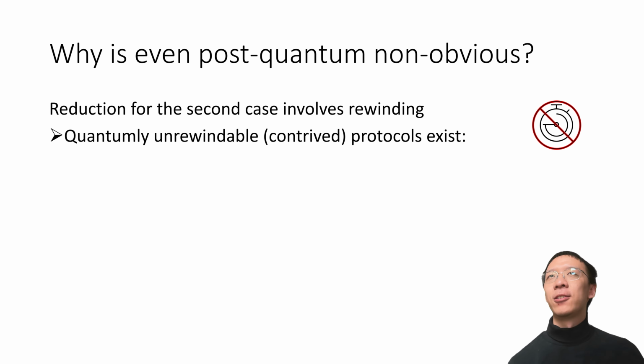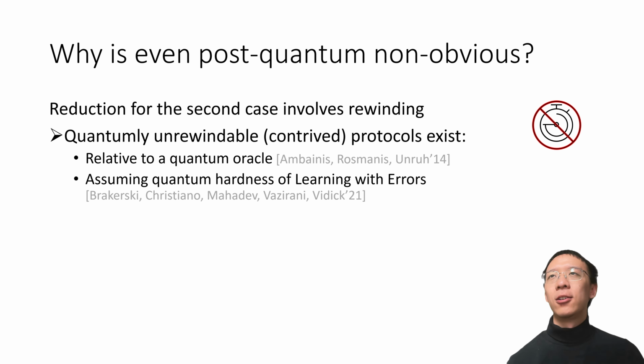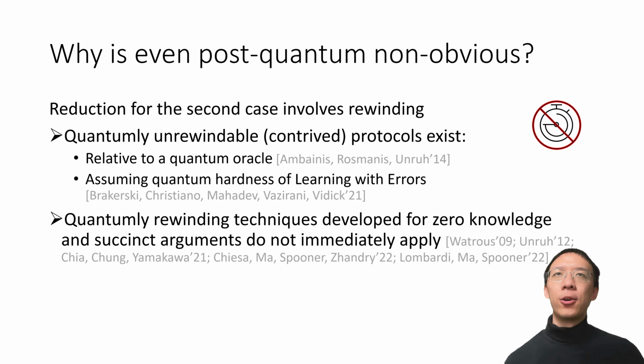In fact, it was shown that there are quantumly unrewindable protocols that are provably unrewindable, although these protocols are contrived. There is a protocol that was constructed relative to a quantum oracle, but there is also a standard model construction that is unrewindable, assuming quantum hardness of learning with errors. Furthermore, recently there have also been some quantum rewinding techniques developed in the context of proving zero knowledge or succinct arguments. We will not delve into this, but it turns out that those techniques also do not immediately apply here.